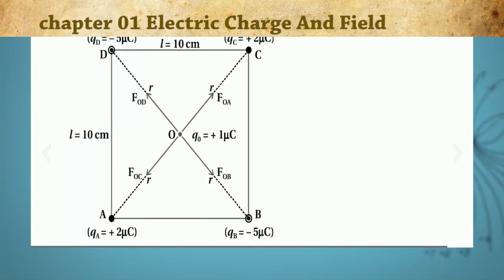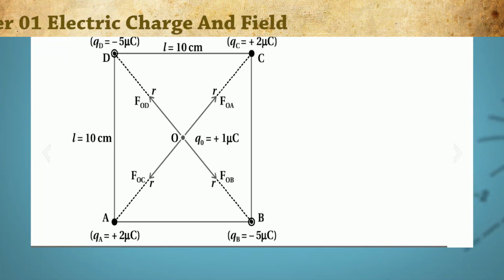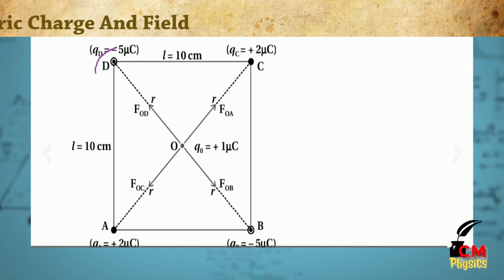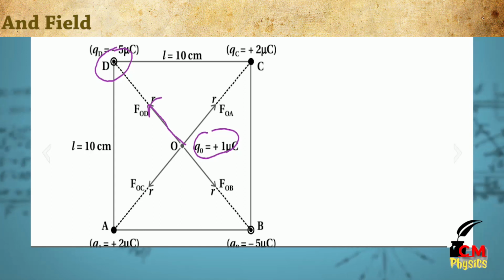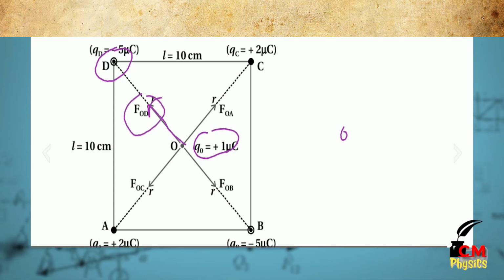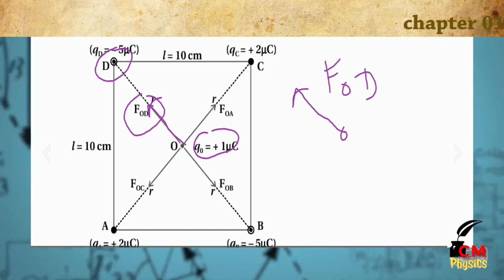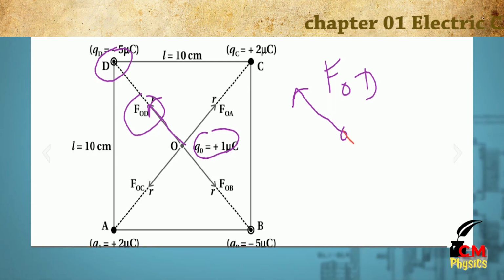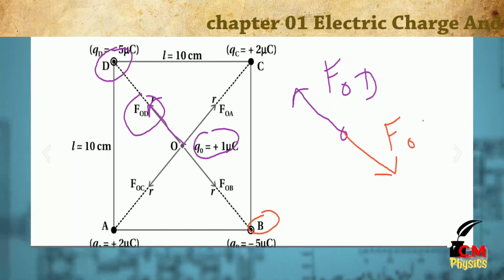Therefore, they attract each other. In a similar way, the D charge is negative and O is positive. Therefore, in this direction there is attraction, F of OD. One force acts vertically upward, the force on O due to D, and another force works downward due to B, the force on O due to B.